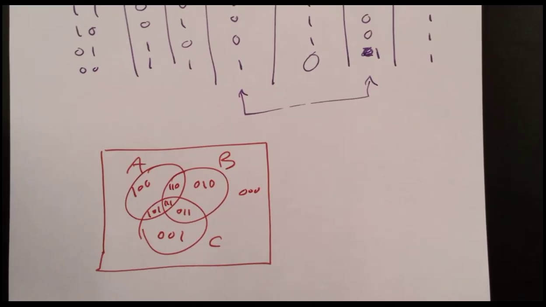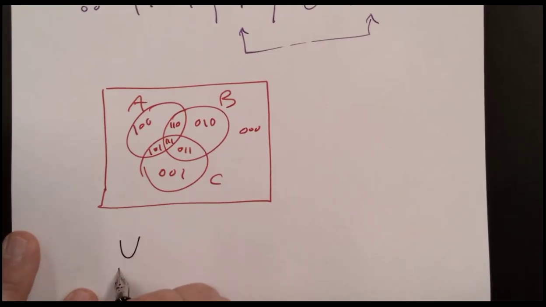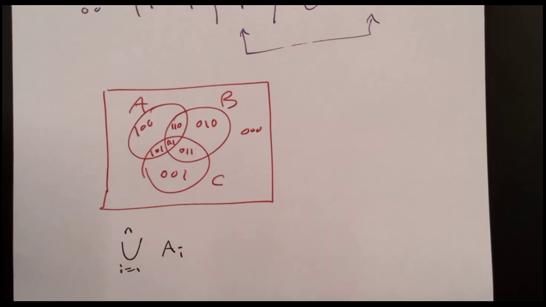There are a lot of cases where I need lots of sets. As a matter of fact, one of the big pieces is the same idea we did with ands and ors. I can think about the union of a whole bunch of sets.